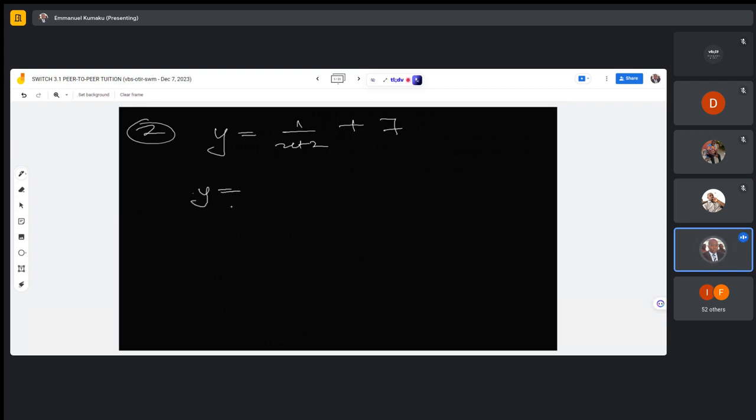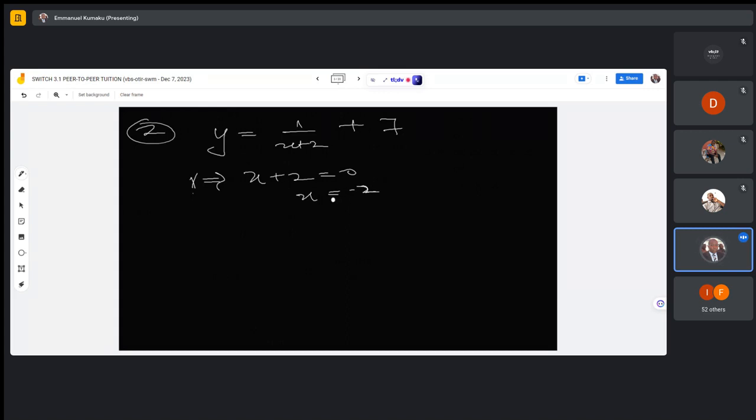Let's start with the vertical asymptote. We concentrate on this part. Our vertical asymptote, as we always know, will be equating the denominator to 0. s plus 2 is equal to 0 gives us s is equal to negative 2.